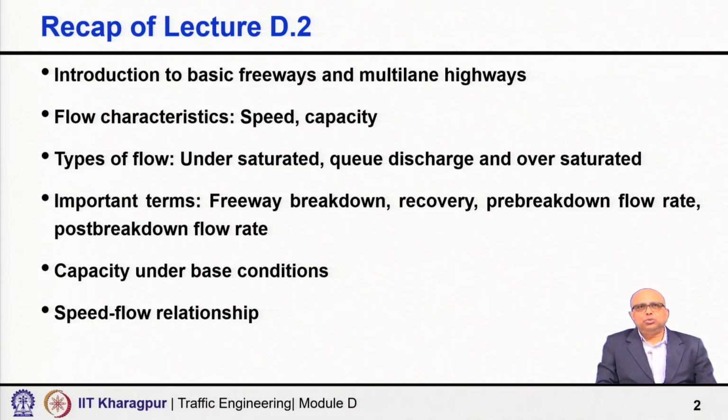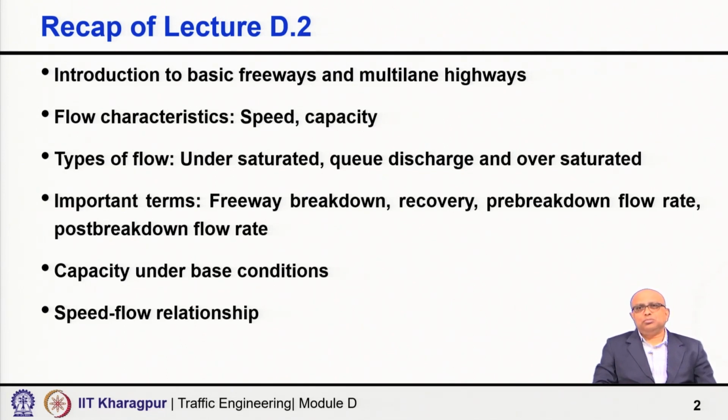In lecture 2, I spoke to you about basic freeway and multi-lane highways, the capacity context, the flow characteristics, also different types of flow: undersaturated, when the queue is formed, then the queue discharge and oversaturated flow state.